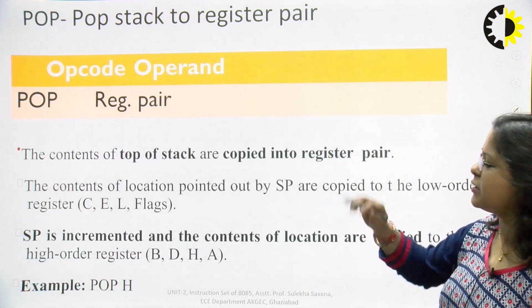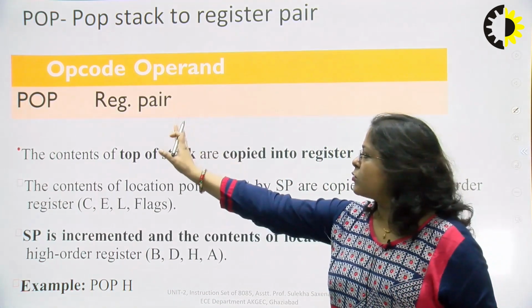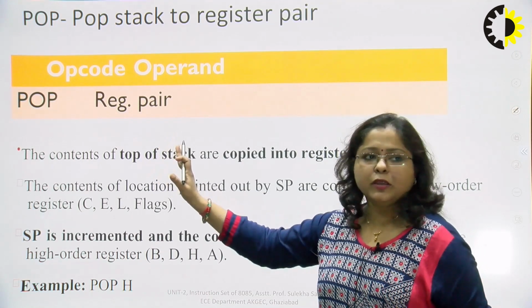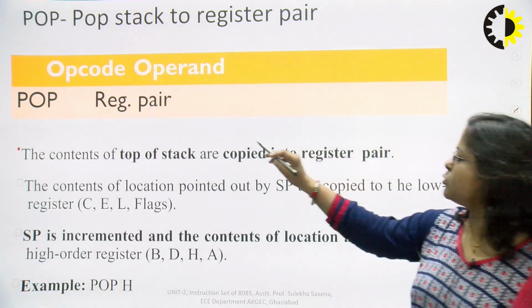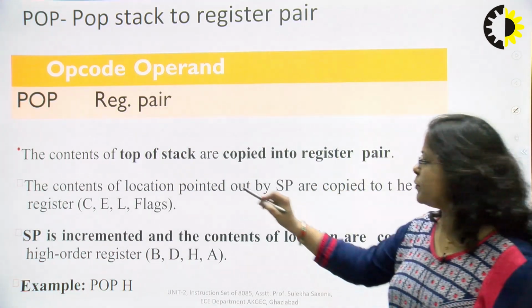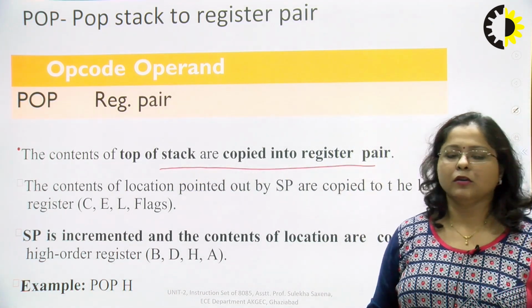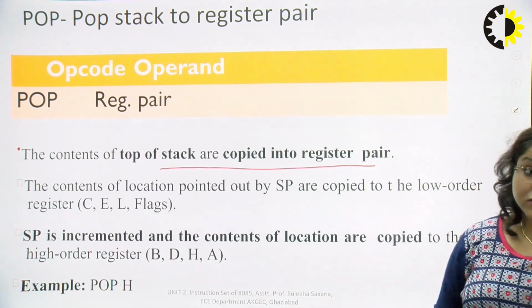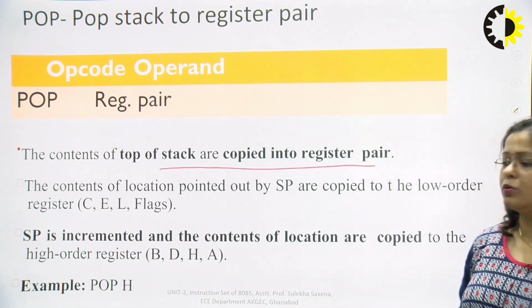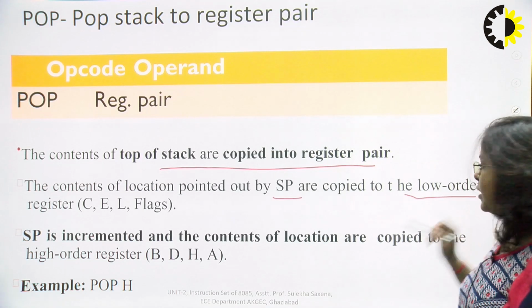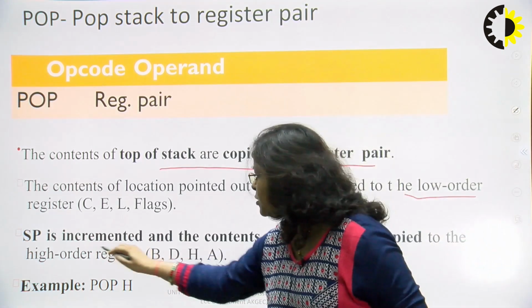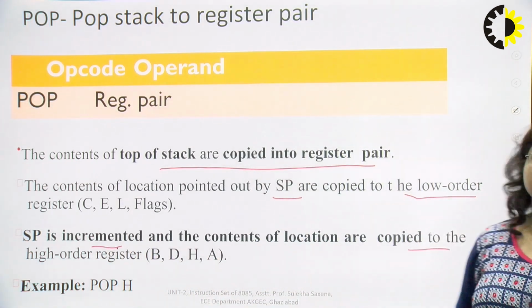Pop is the reverse, that is, read out the values of stack memory at SP and SP plus 1 locations to the register pair. So it copies the content of the top of stack to the register pair. The value at SP is copied to the lower byte and the SP plus 1 location is copied to the higher byte.